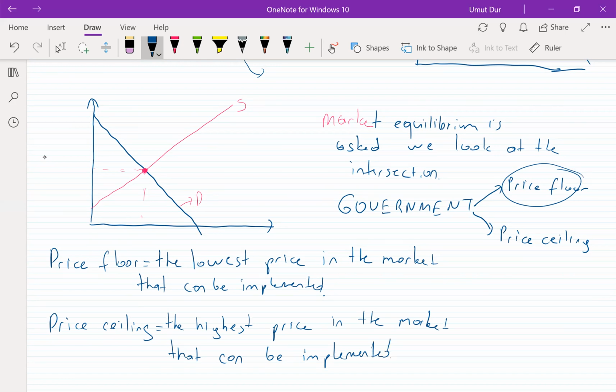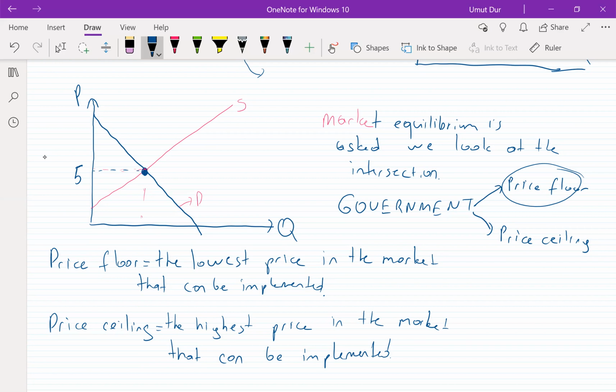Okay, so let's think about this example. I have the supply curve and the demand curve, and I look at their intersection. Let's say that the intersection price is 5. That's the intersection point.